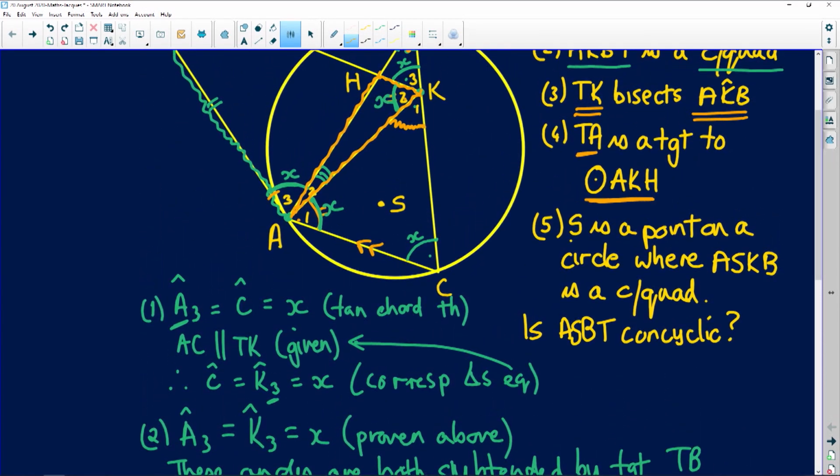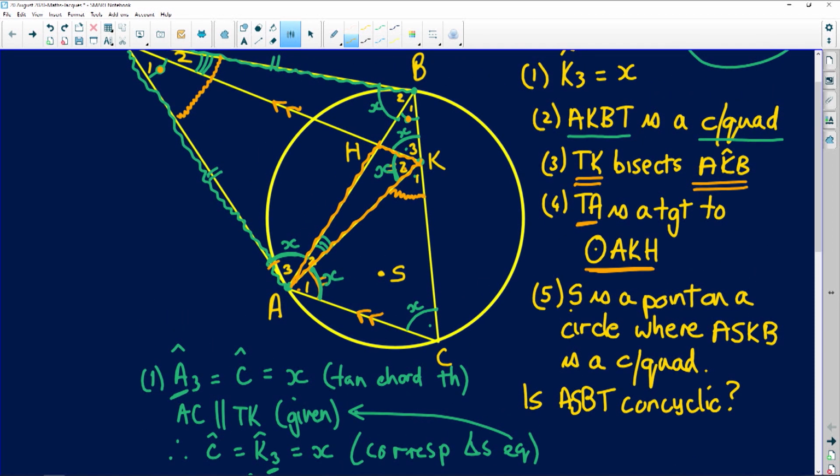Number 5 says S is a point that lies on the circle where ASKB is a cyclic quad. Okay, now I'm going to need another color. S is what we're referring to, and we're talking ASKB.